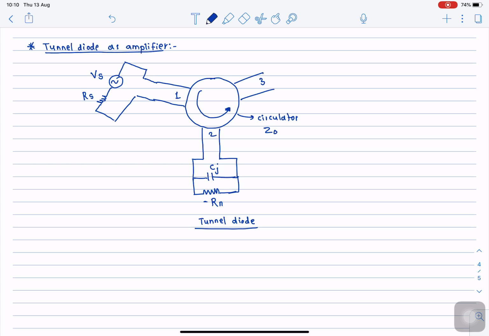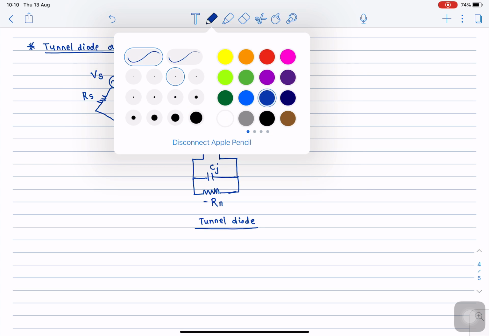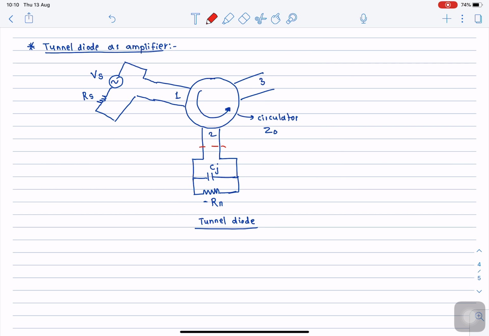It is supposed to be amplified by this particular tunnel diode. So this tunnel diode is used as an amplifying device over here, and the amplified signal will be delivered to the load which is connected in port number 3 in this way. Let us call this ZL.